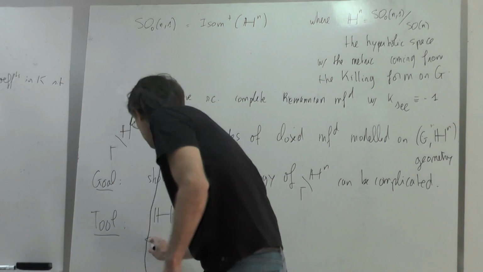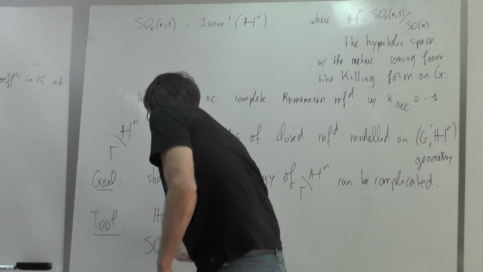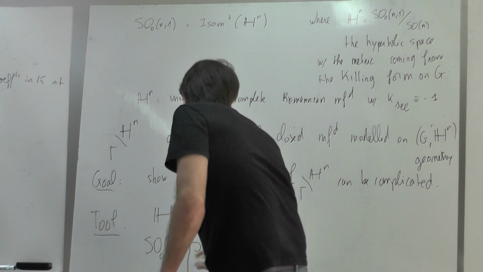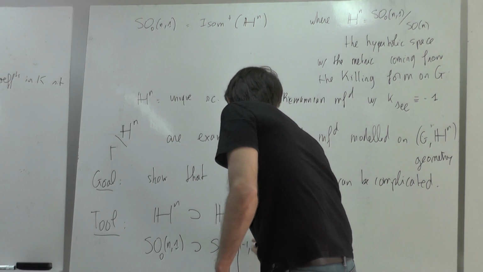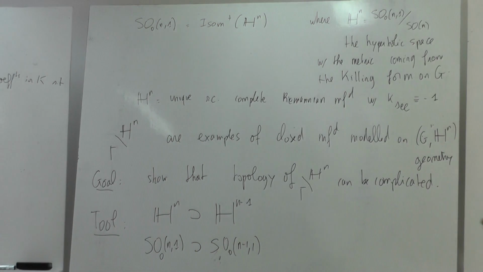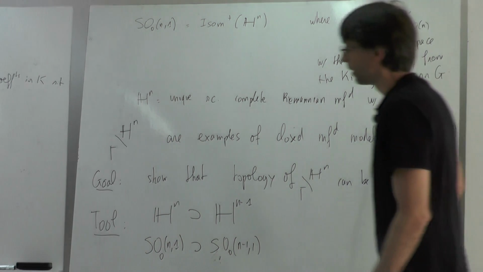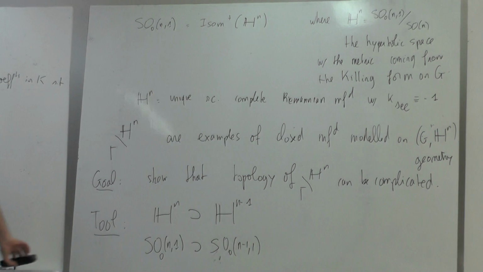This corresponds at the level of the isometry group to the fact that SO(n,1) contains SO(n-1,1). This is really something which is related to the constant curvature, which is false for all other locally symmetric spaces. And this will be the main tool today.